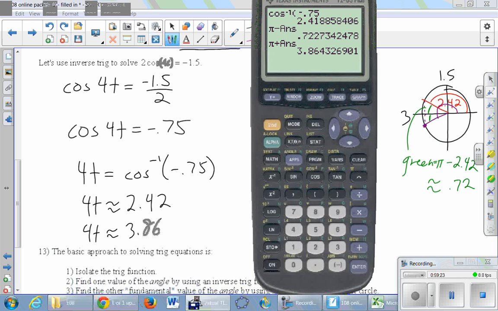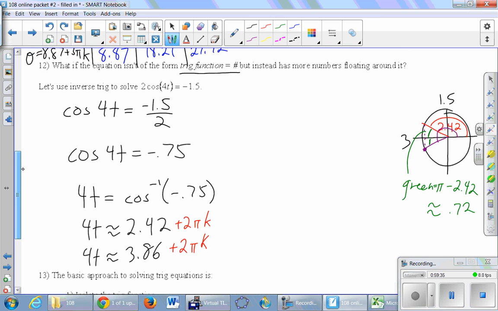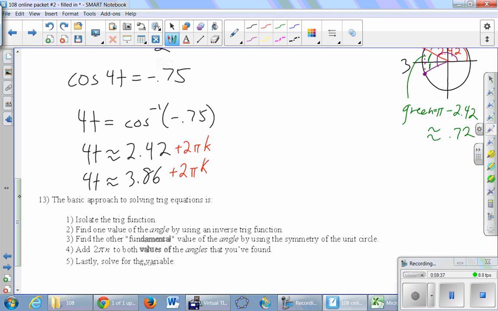Okay, at this moment and only at this moment is when we need to put in the plus 2 pi k. And then finally, at the end of the process, we solve for t, which in this case means dividing both sides by 4. Okay, so I'm going to use the calculator in a second, but let's go ahead and divide the second term by 4.